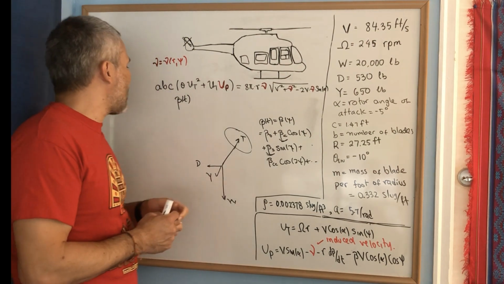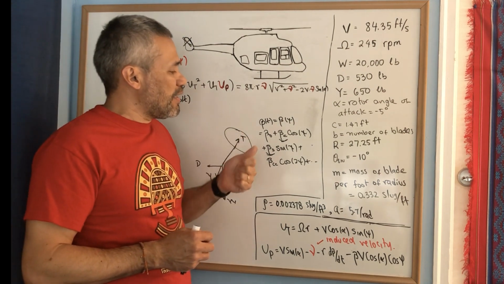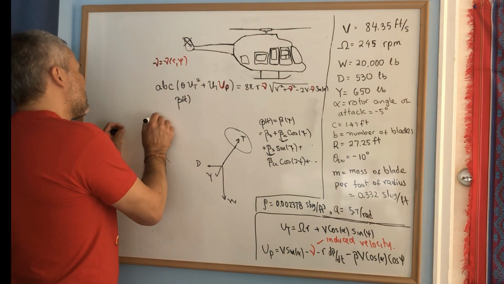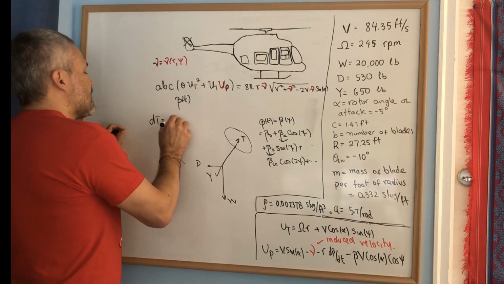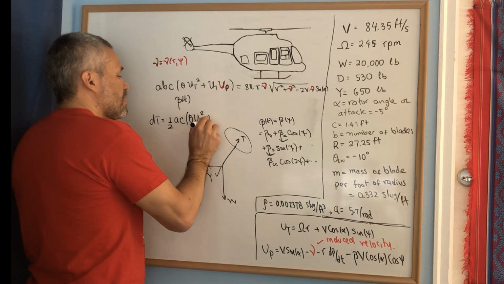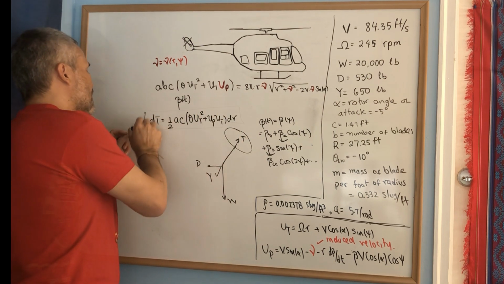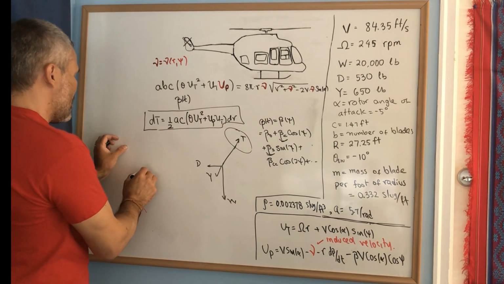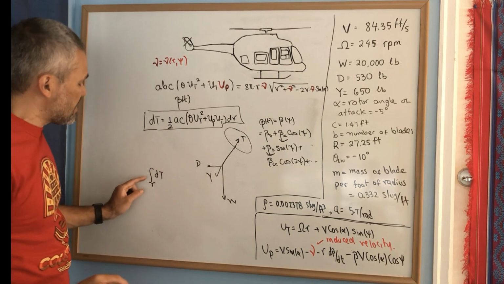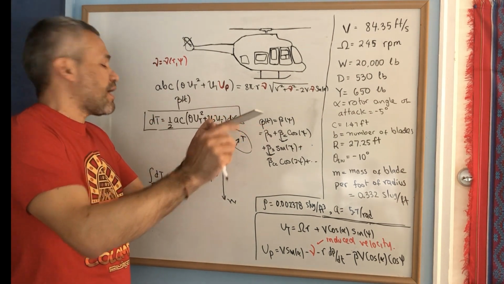In order to continue describing the problem of finding the periodic function beta of t and the input of the pilot, the theta 0, theta c, and theta s, let's define dT equal to 1/2 times a times c times theta Ut squared plus Up times Ut times dr. Then with this definition of dT, when we do the integral with respect to r of dT, this is essentially the thrust that this blade is producing at a particular azimuth angle.